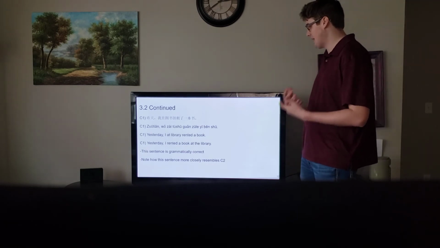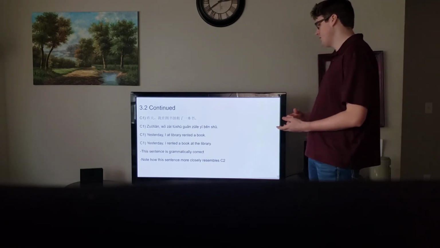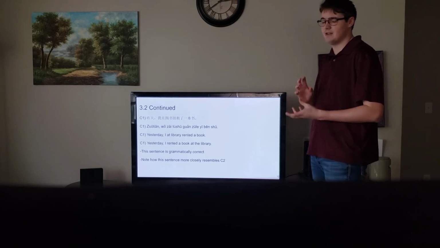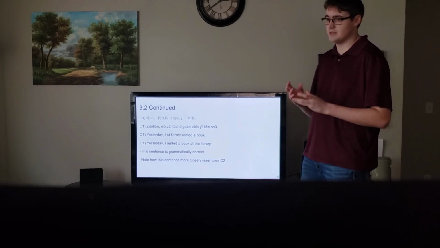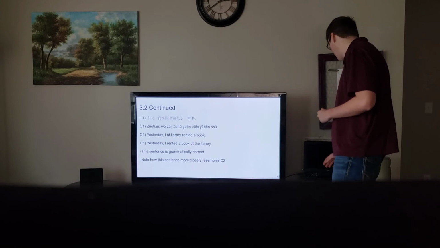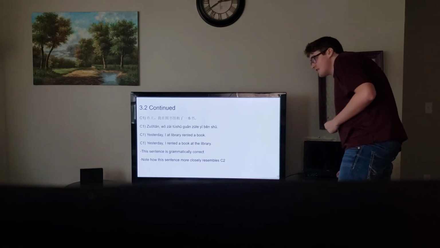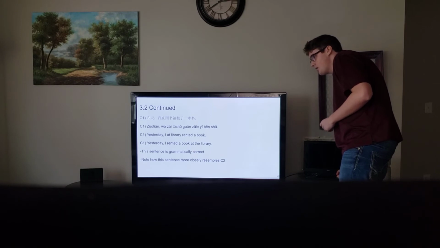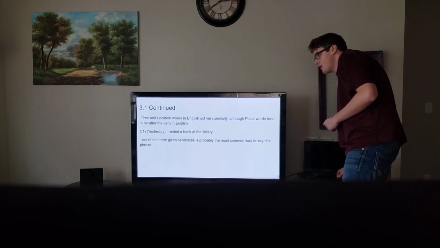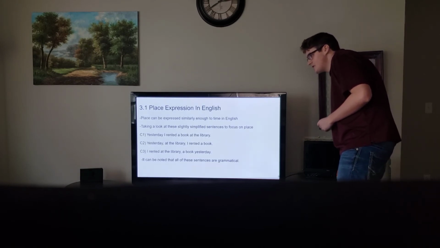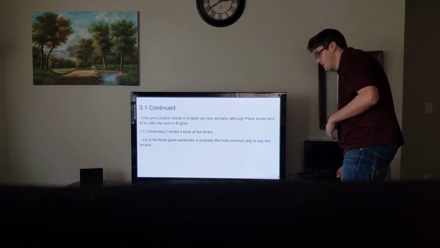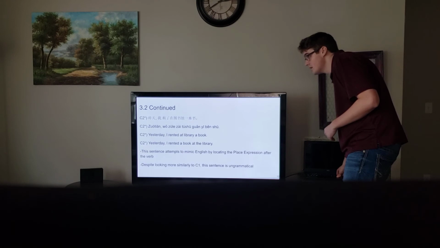The sentence is grammatically correct, but note how this sentence, again, more closely resembles a different sentence in English with a different direct translation. We have the sentence here, yesterday, I, at library, rented a book, compared to yesterday, at the library, I rented a book. Very, very similar, and both grammatically correct.